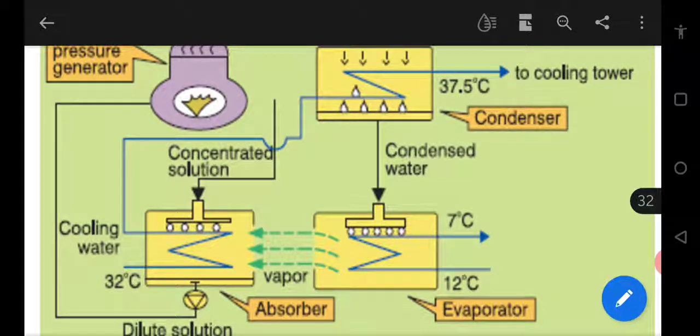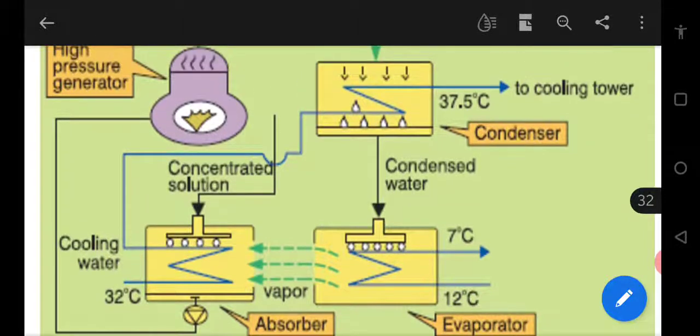When the refrigerant evaporates and comes, it is absorbed in the absorber. There is a spray, and the refrigerant is absorbed. The refrigerant and the absorber are very miscible fluids. So it is absorbed, and then pumped to the generator.